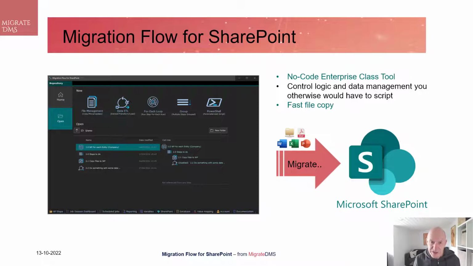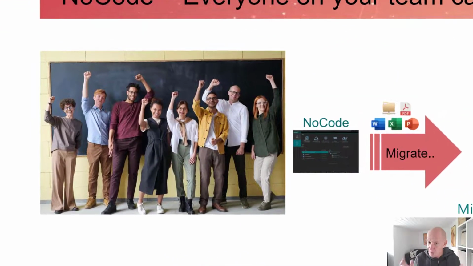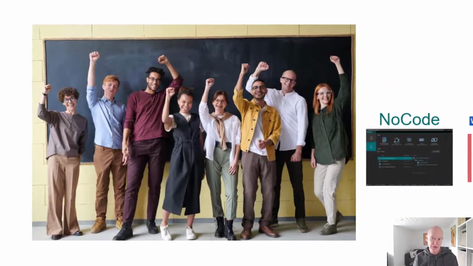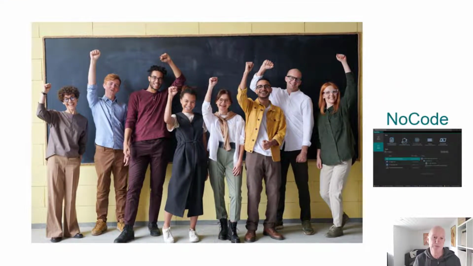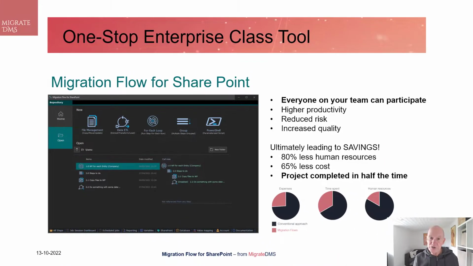So, what's in it for you? Well, first, no code means that everyone on your migration team can participate, not only the scripting experts. So, your workforce is instantly expanded. Altogether, what you get is an enterprise class integrated migration environment, where, like I said, everyone on your team can participate.